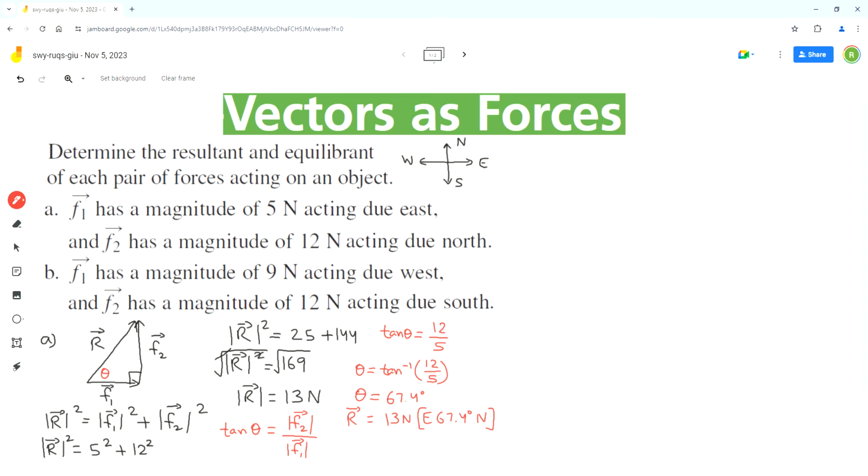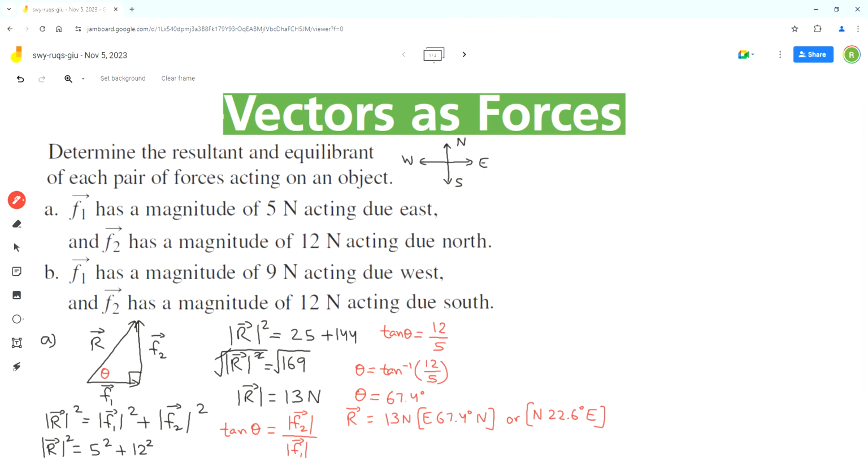Now this direction can also be written the other way, from the north, and for that we'll have to do 90 degrees minus 67.4, and the other direction can be 22.6 degrees east. So we do 90 minus 67.4, and that's how we get 22.6 degrees.